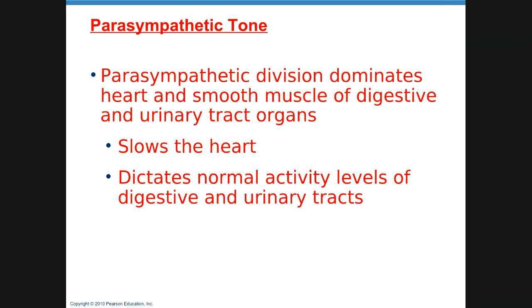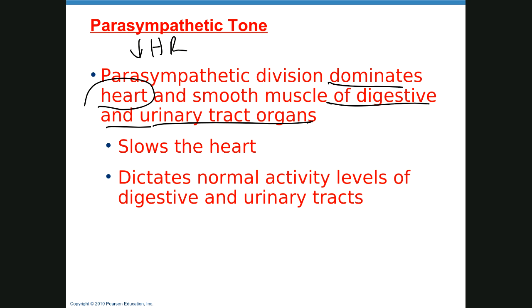Parasympathetic division dominates the heart and is constantly lowering the heart rate. And we call that the parasympathetic tone, and it is also dominating digestion and excretion at the urinary tract. So parasympathetic activity slows down the heart and stimulates digestion and elimination.